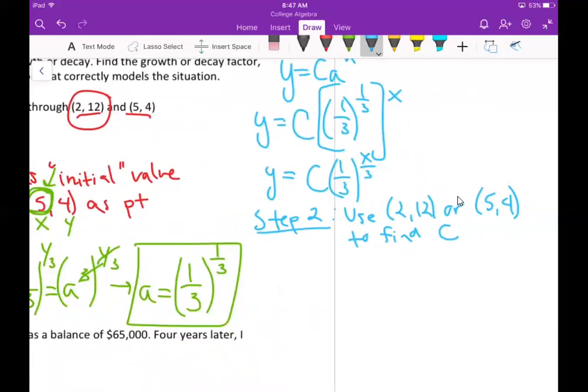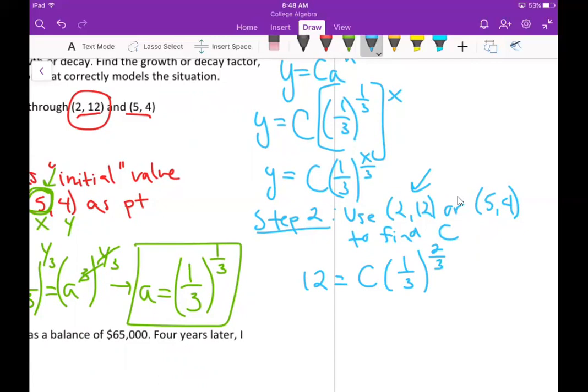I'm going to go ahead and use (2, 12). You could use (5, 4), and because we don't have that rounded a value, we'll get the same answer either way. I'm going to use 12 as y, c is what I'm looking for, that's times 1/3 to the 2/3 power then, because x is 2 and y is 12 if I'm using that first point.